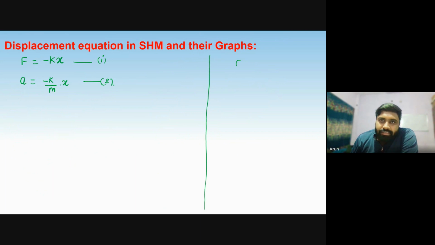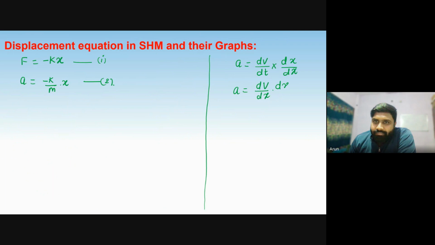Now we know that acceleration is equal to dv by dt. We are using the concept of the general equation of motion. So dv by dt: if I multiply this by dx by dx, where dx is the change in position, which is displacement, then acceleration becomes dv by dx times dx by dt.